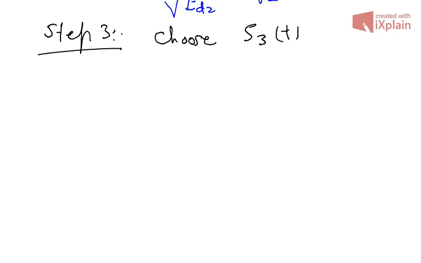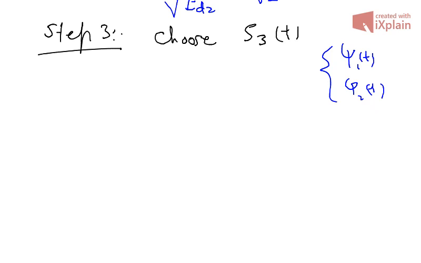If we choose S3 of t, then we have to find the images, because now we already have psi 1 of t and psi 2 of t in our set, right? So these two are already there. So we have to find the image of S3 over both.